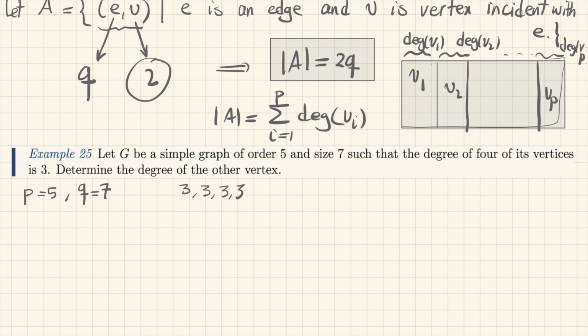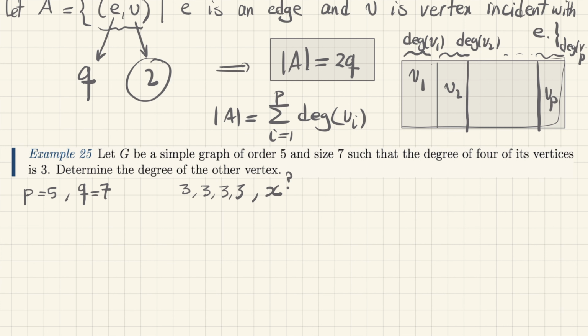If I want to solve this, you see that there are 5 vertices. The degree of 4 of them is given to you. You don't know the degree of the last one, so let me call it x, and we want to find x. Yes, Alex, do you want to say something? How do you say that? We add the degrees, it should be equal to 2 times the size.